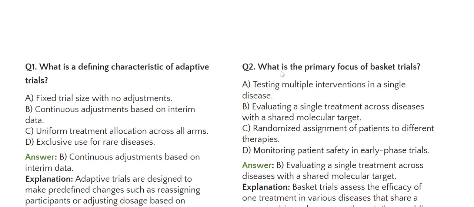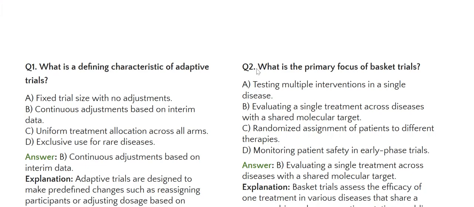Question 2, what is the primary focus of basket trials? Is it A, testing multiple interventions in a single disease, B, evaluating single treatment across diseases with a shared molecular target, C, randomized assignment of patients to different therapies, or D, monitoring patient safety in early phase trials?